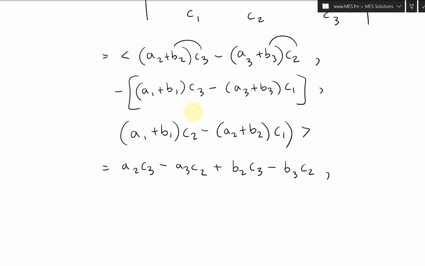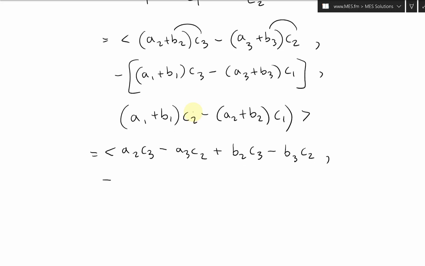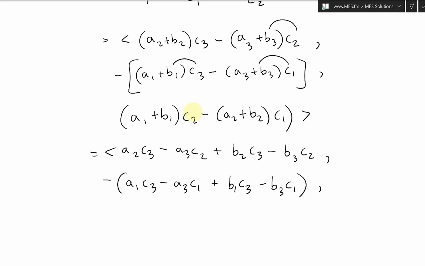I forgot to do the close bracket. And then the next one is similar to here. Put a negative there. C3A1, C1A3. So we'll put this bracket A1 C3 minus A3 C1. Now the next one inside here, plus B1 C3, and then this one here, minus B3 C1, bracket.